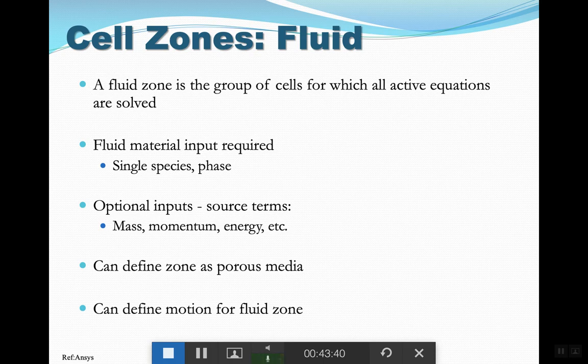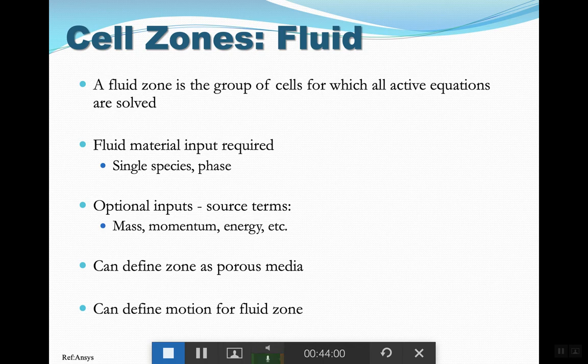For example, you have a tank and you want to provide a constant velocity to all the cells at a smaller volume inside your tank. You do that through cell zone condition.